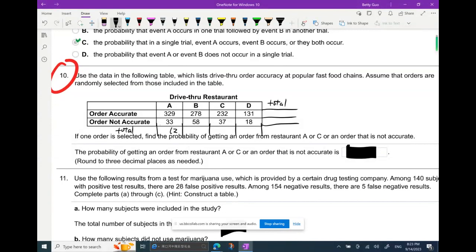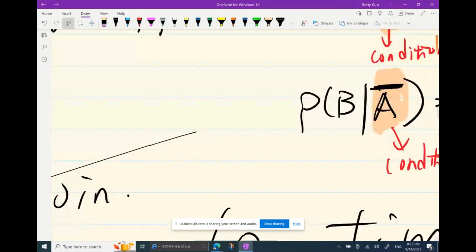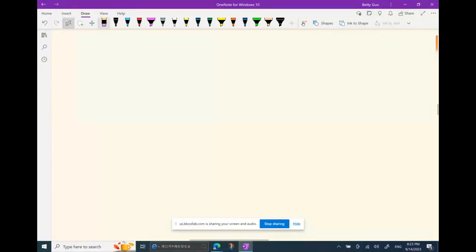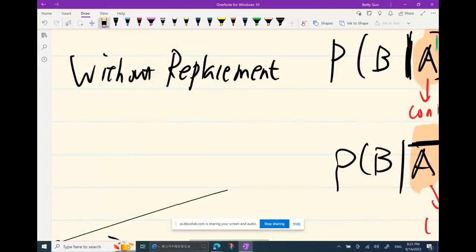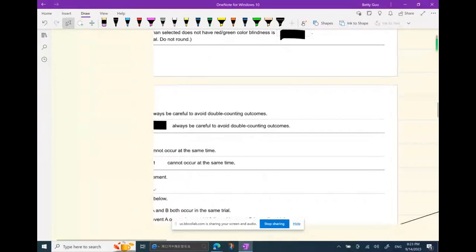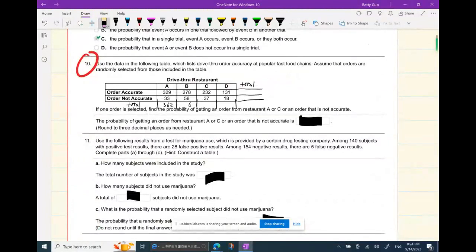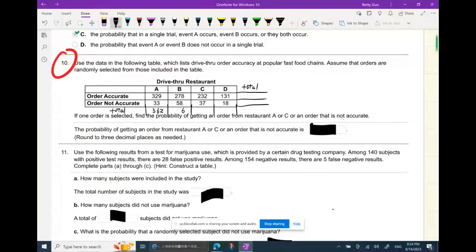So this one is 362, and this one, 336. And this one is 269. And this one is 149.